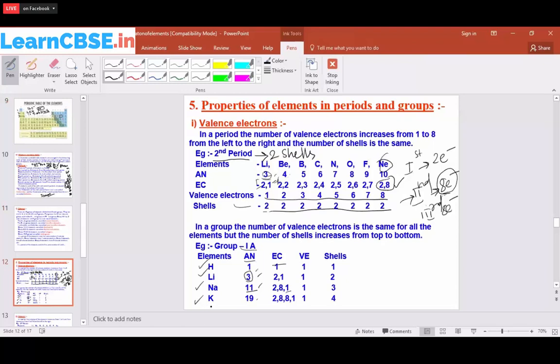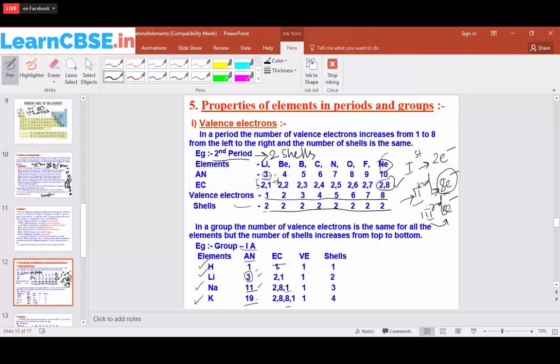Potassium has atomic number 19. 2 electrons can occupy the first shell, 8 electrons the second shell, then 8 electrons in the third shell. Once that is completed, the next, the first electron, moves to the fourth shell.